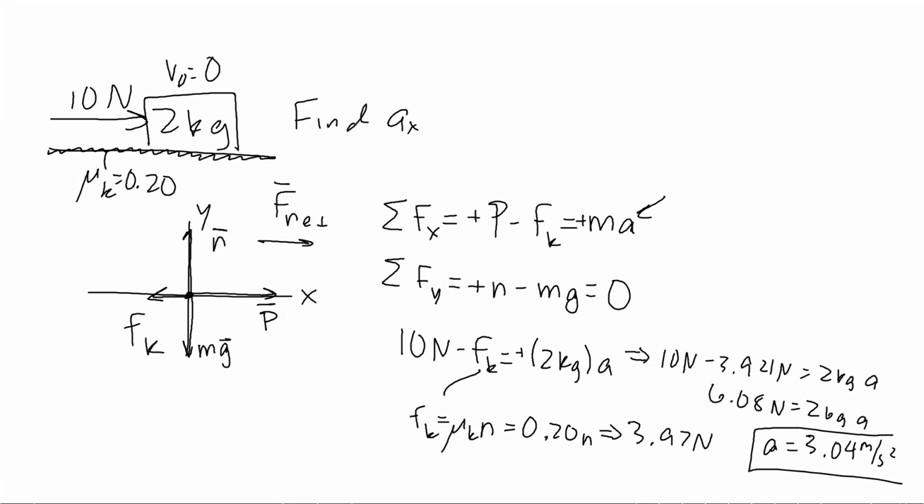So that's how that works. Yeah, question. Go ahead. Okay, so where did you find the 3.92? Sometimes my 2s and 7s get confusing. I calculated the normal force on the lower left-hand side here. The normal force was mg, which is 2 kilograms times 9.8.